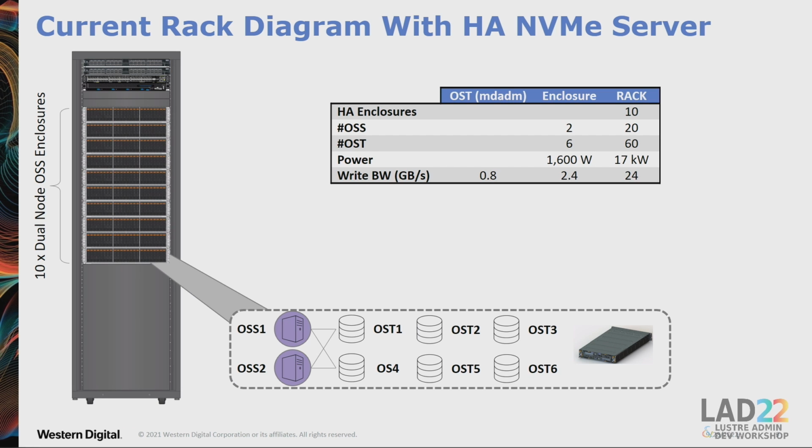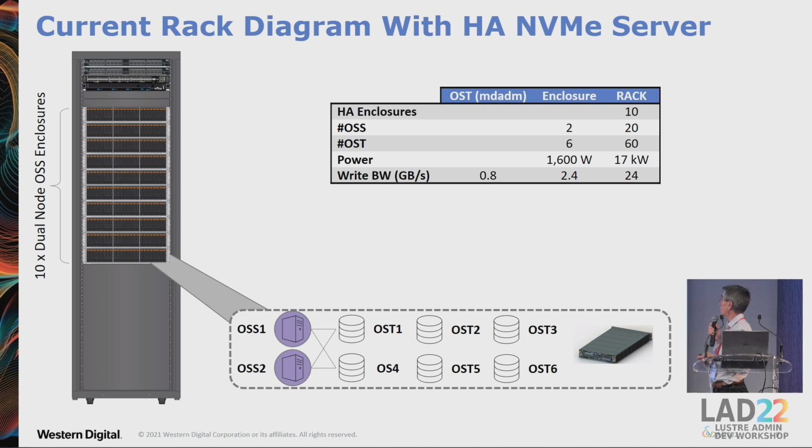Okay, from a rack diagram standpoint, with this type of solution, in this example with 10 dual node OSS enclosures, we have 2 OSS per enclosure, 6 OST.